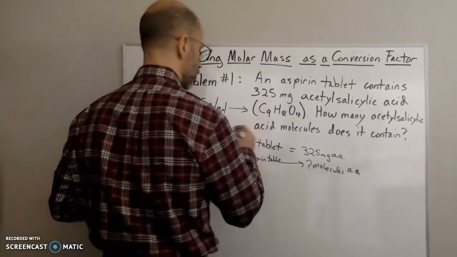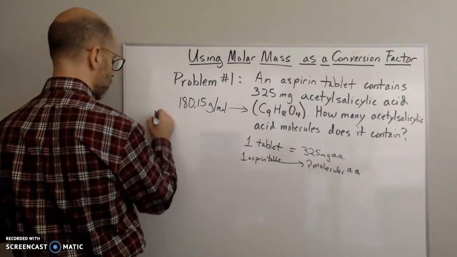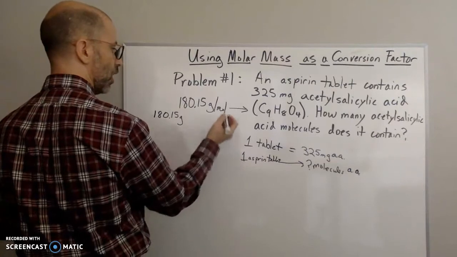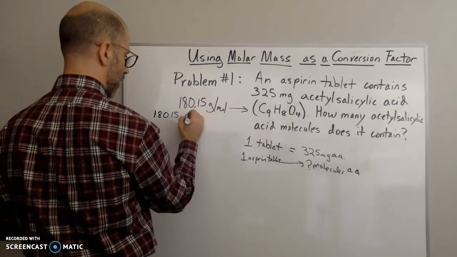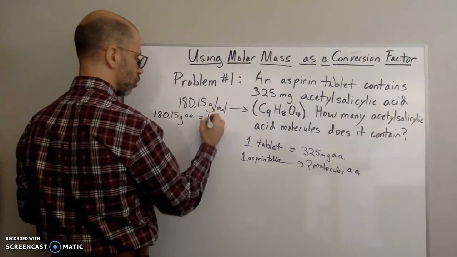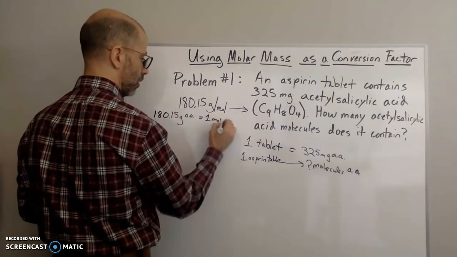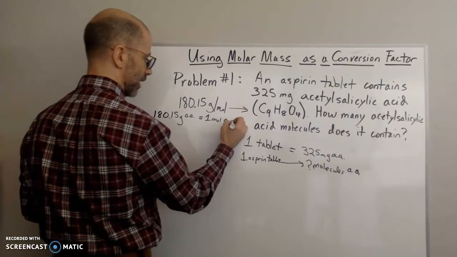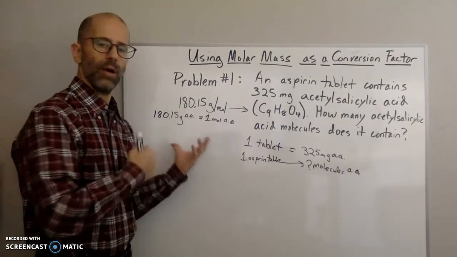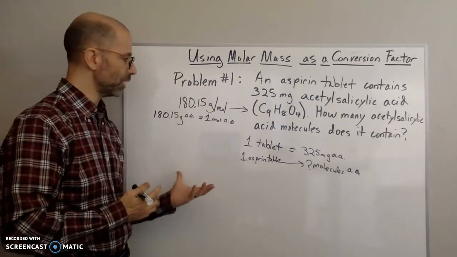So that's another equality. So I know that 180.15 grams of this substance, AA, acetylsalicylic acid, is equal to 1 mole of acetylsalicylic acid. Okay, so we have everything we need.